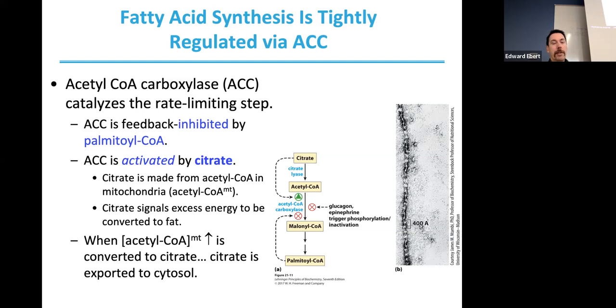On the other hand, ACC is activated by citrate. So I guess we should give all the basketball teams oranges, right? Any mnemonic that will help. If we have excess citrate, because remember we're converting our citrate into acetyl-CoA in the cytosol as we transport it out, excess citrate is going to activate ACC. Okay.